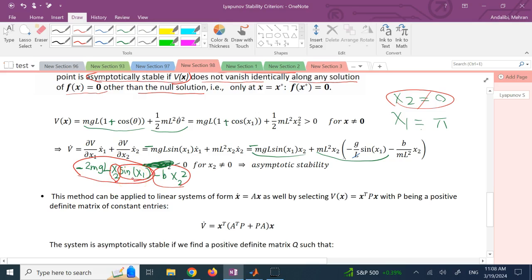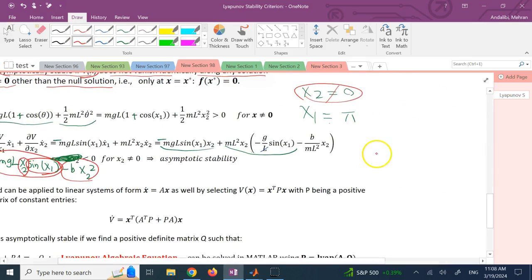When you're around pi, what happens to x1 or sine of x1 or sine of theta? If x1 is less than pi or bigger than pi, what happens? If x1 is less than pi, your sine of x1 is positive.